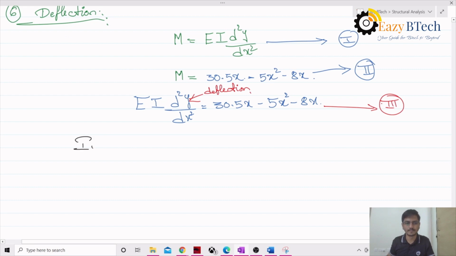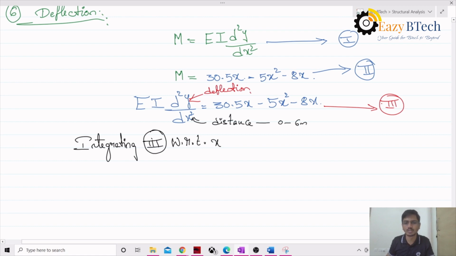Integrating equation 3 with respect to x. Here x is nothing but my distance. This distance varies in this propped cantilever from 0 to 6 meters. So we are integrating this equation.